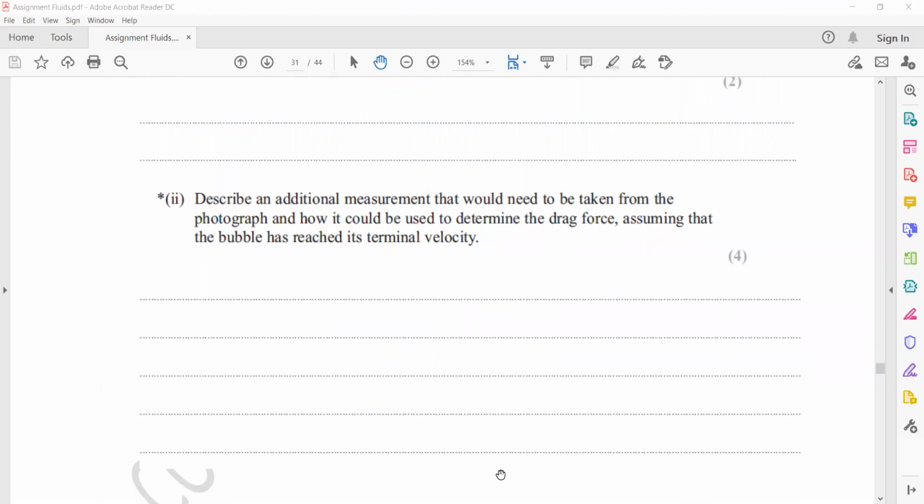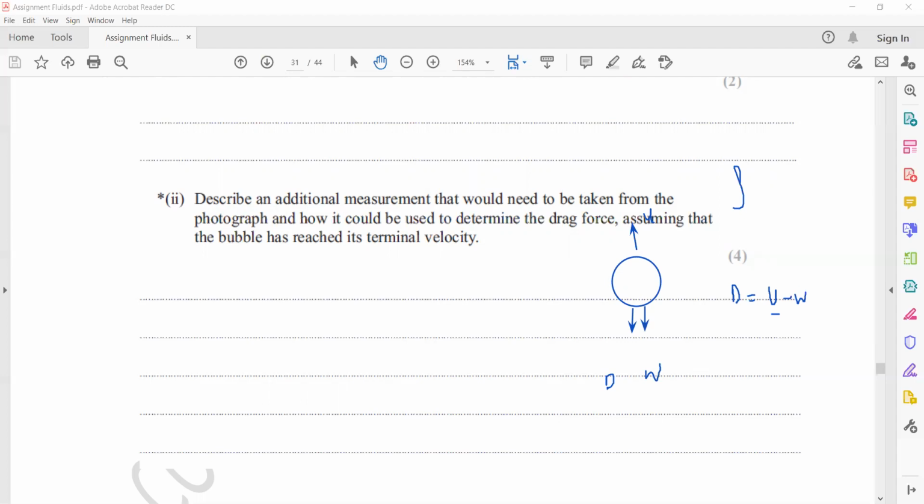Assume that the bubbles reach terminal velocity. As it is rising up, the upthrust acts up, and weight and viscous drag act down. So drag force is equal to upthrust minus the weight. So how to calculate the upthrust?